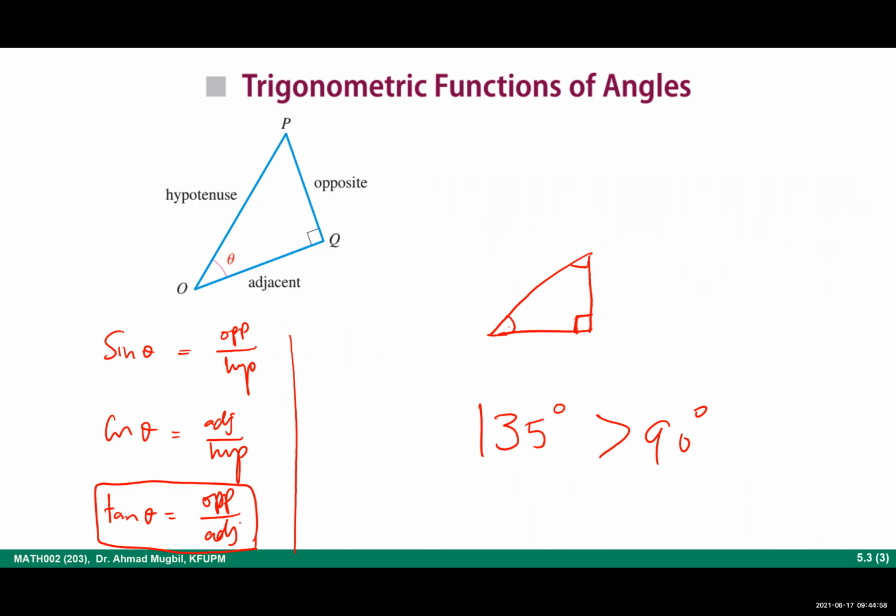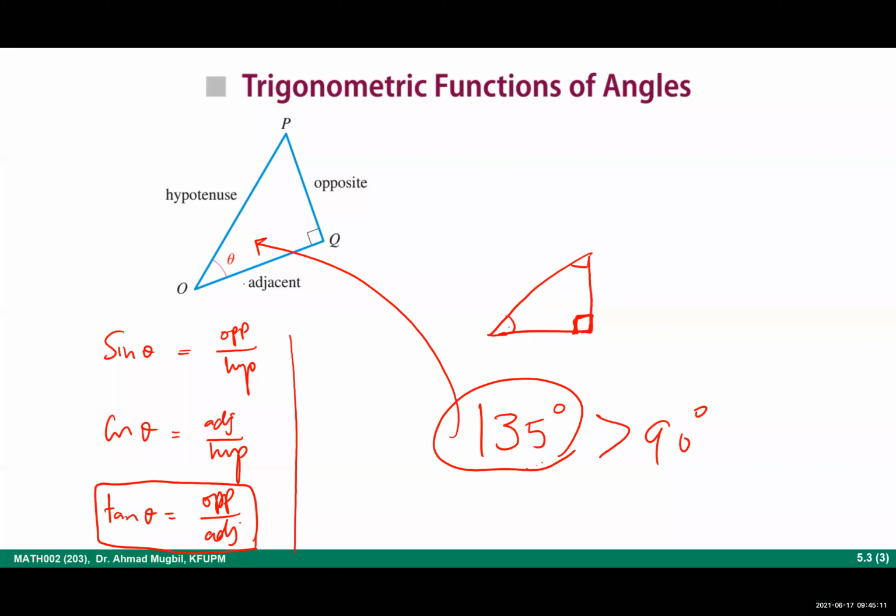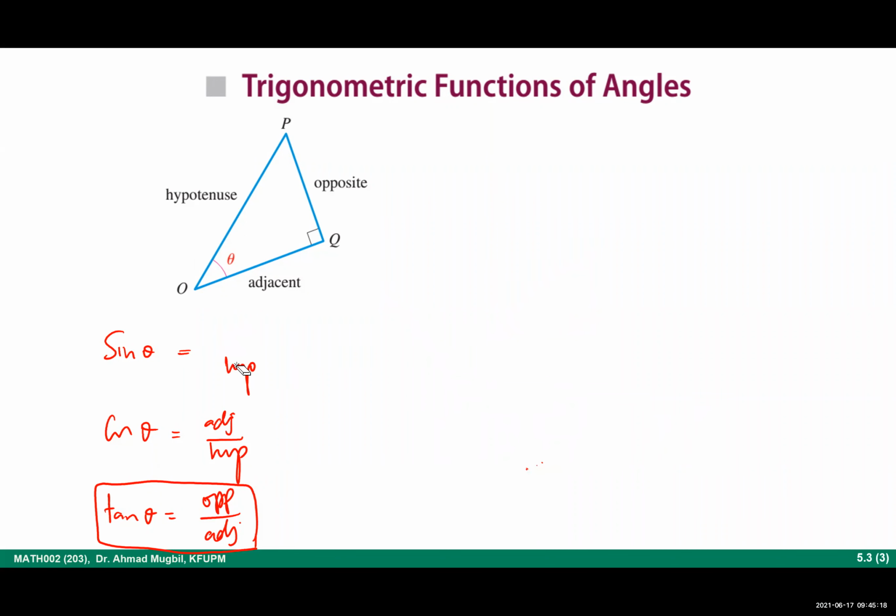We have only one angle that is 90. The others must be less than 90. So how do we deal with this problem? We have only opposite and adjacent. This angle cannot fit inside a right triangle because it is not an acute angle. We can only deal with acute angles.